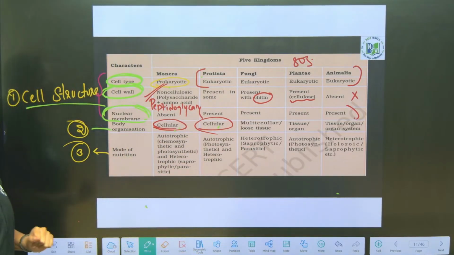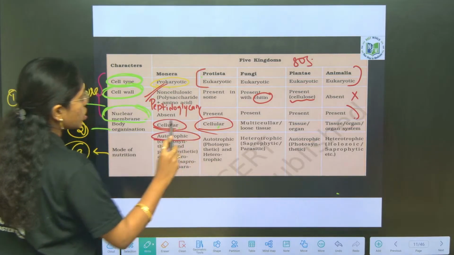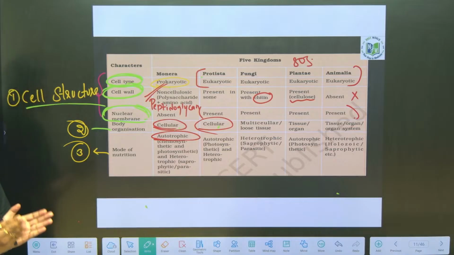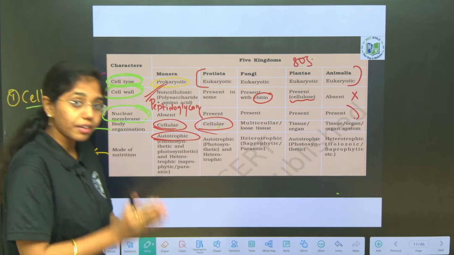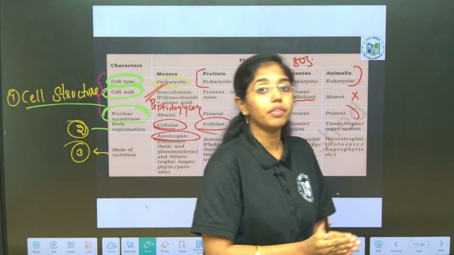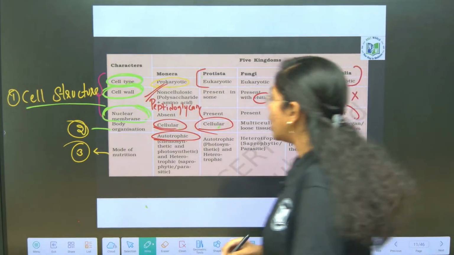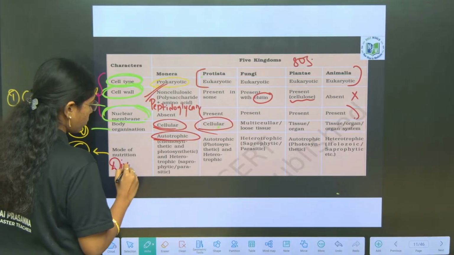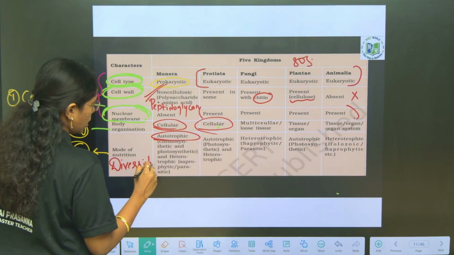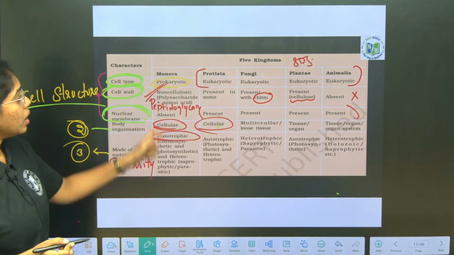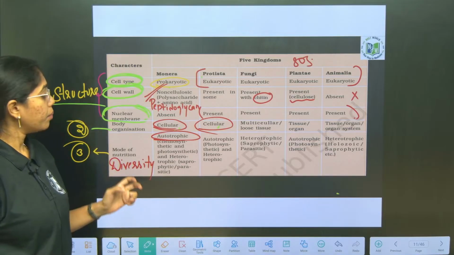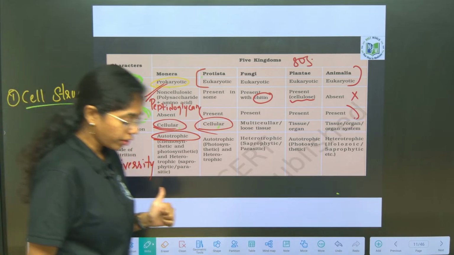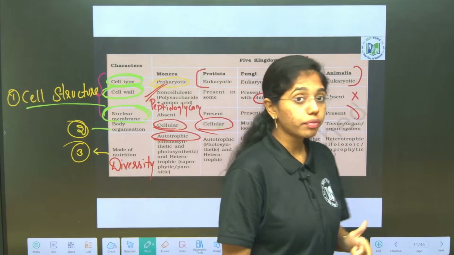Next, mode of nutrition. Highly diverse mode of nutrition is observed in kingdom Monera, the highest diversity in nutrition, because you will observe autotrophic and heterotrophic modes of nutrition.